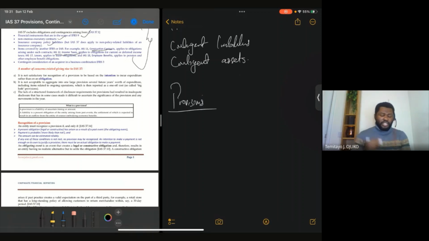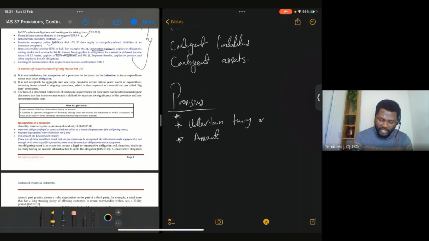Now, provision is a liability of uncertain timing or amount. Please take note. It is a liability of uncertain timing or amount. Now, I will take that again. Provision is a liability.